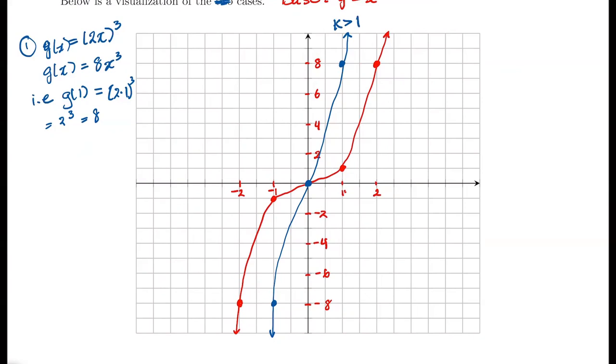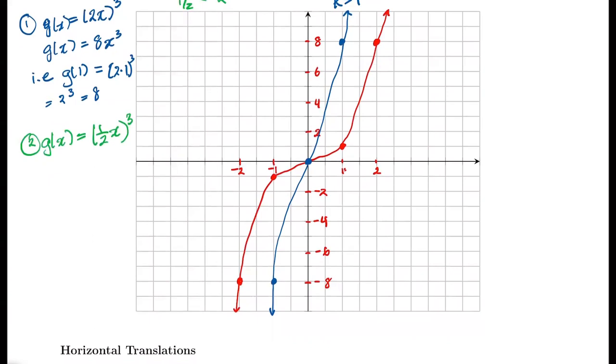All right, so similarly, let's have a look at what happens when we have a horizontal stretch. For example, let's take the function g of x equals (1/2 x) cubed. Now we have a horizontal stretch by a factor of 2 this time. The 1/2 is also the same as saying 2 to the power of negative 1.